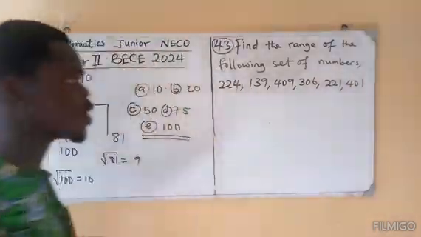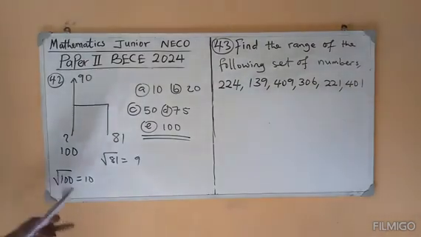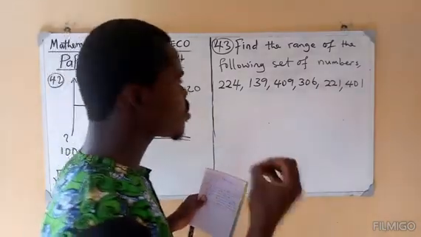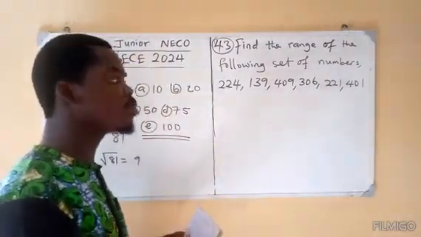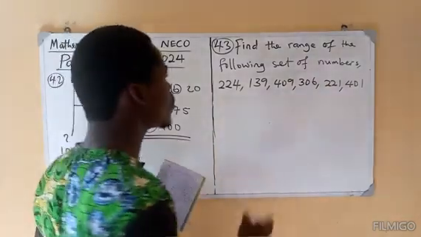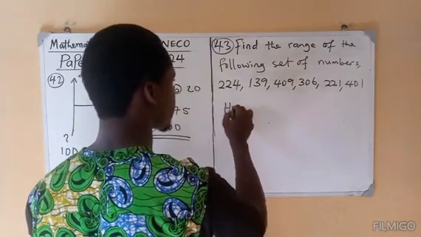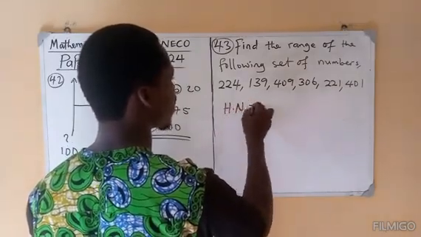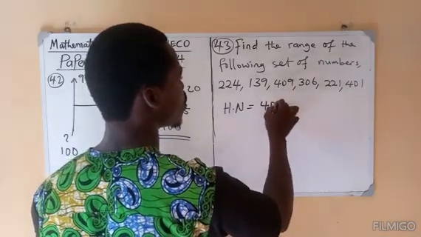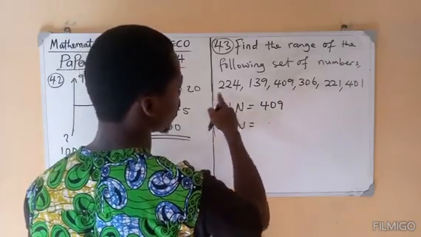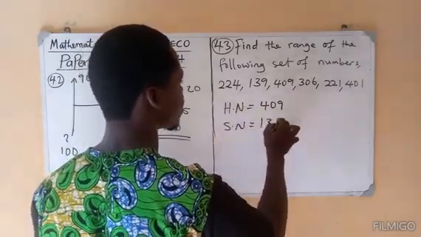So to find the range, of course, you know how to find range. Range simply means the smallest number subtracted from the largest number. So first and foremost, the largest number here is 409, and then the smallest number is 139.